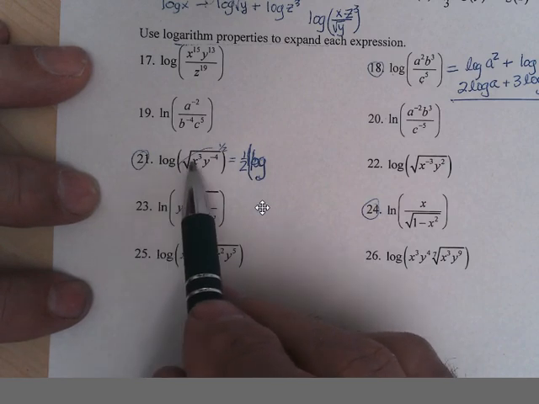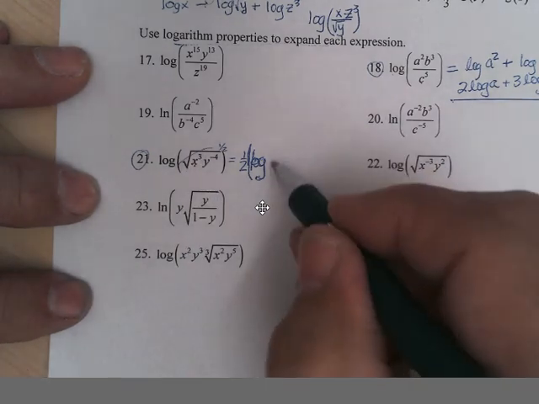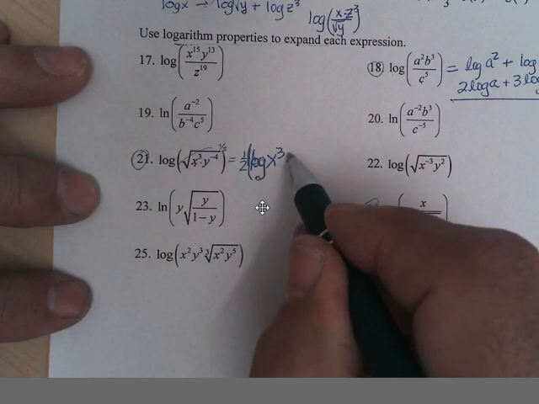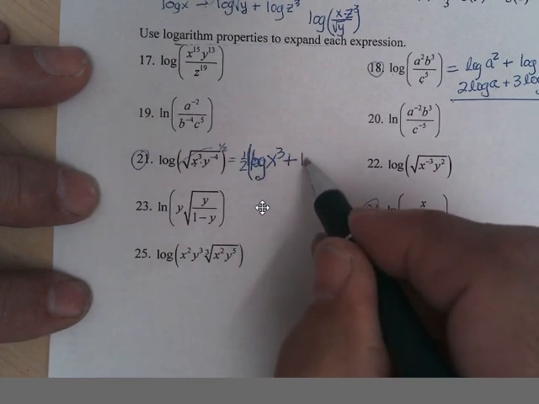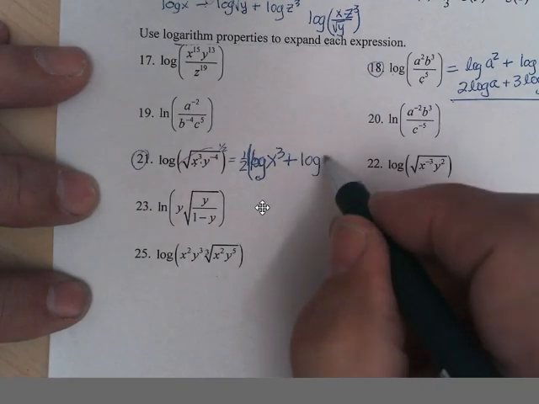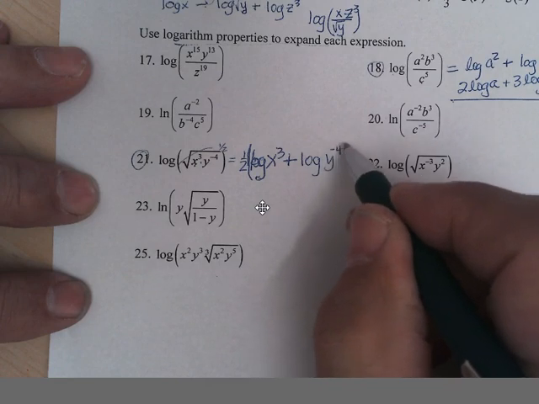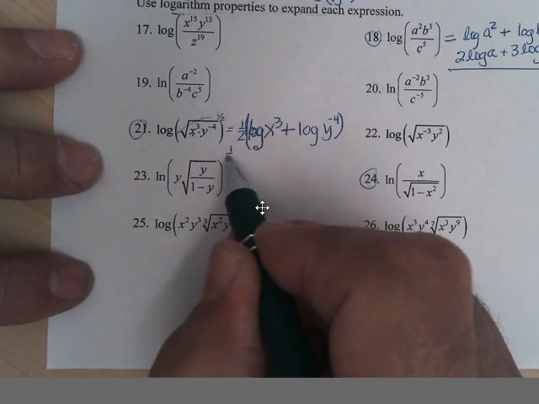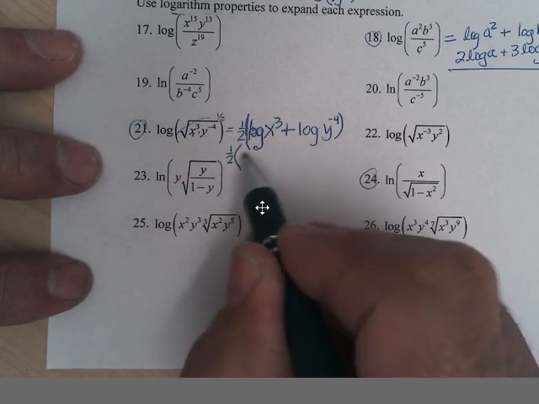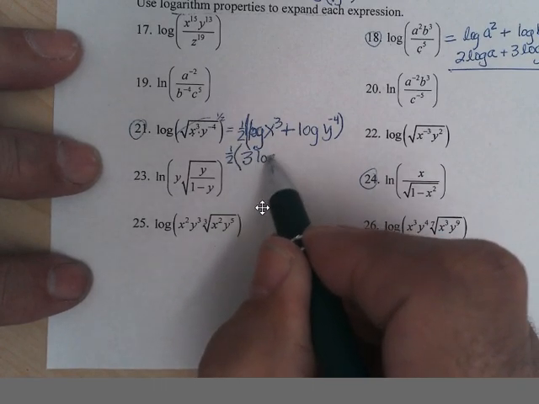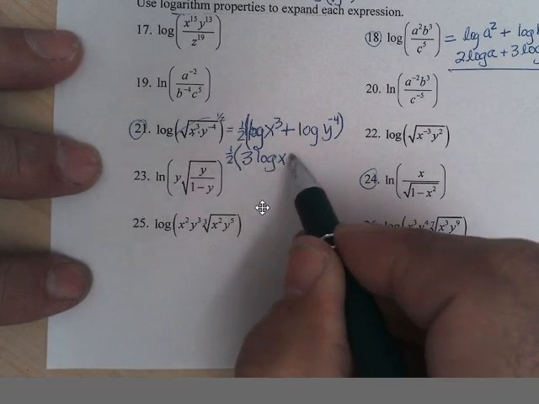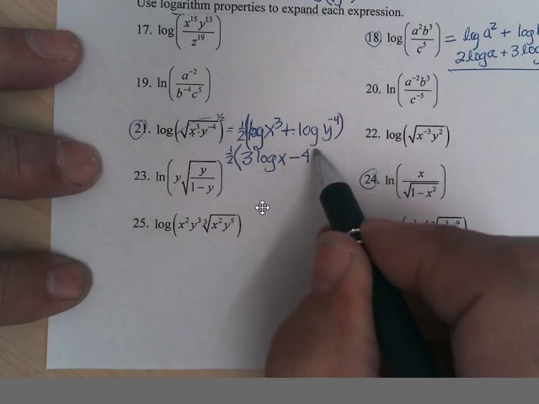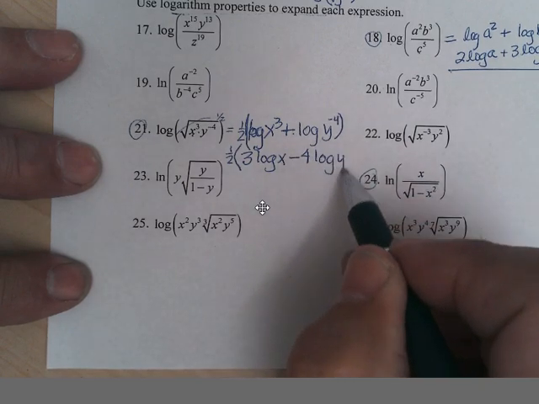We'd have the log of x to the 3rd, and times, so it becomes add the log of y to the -4, and then I can bring down the power, so I'll have 1/2 times 3 log x minus, because the minus 4 comes down, minus 4 log y.